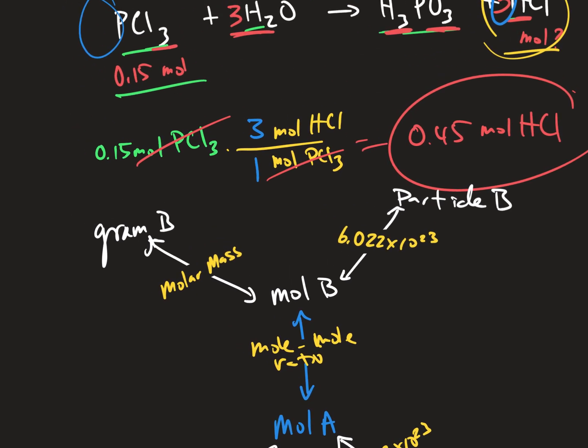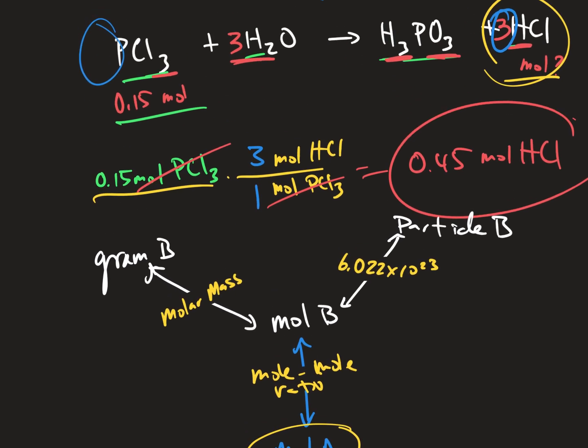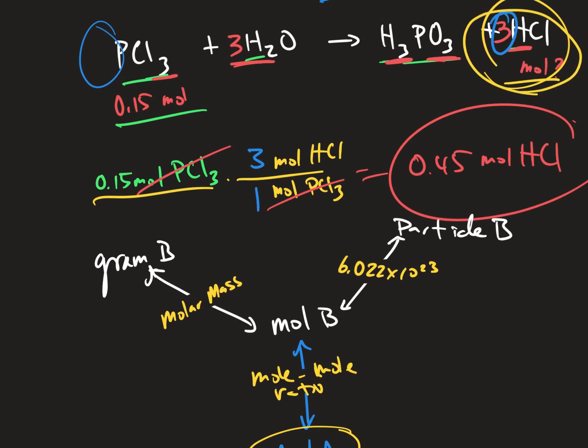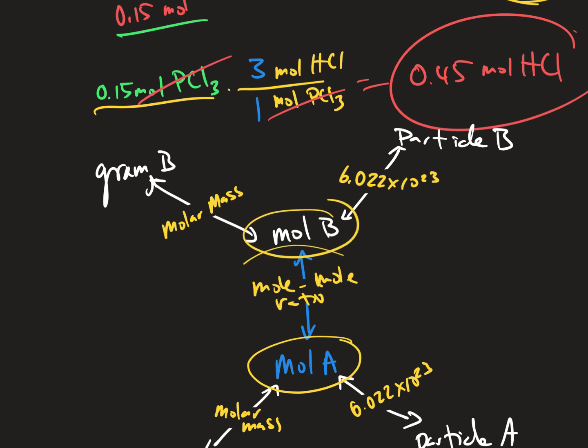So in this case, we're starting at moles of PCl3, and we can either start here or here, doesn't matter. If we want to start at A because A comes before B, great. And we want to go to moles of a different substance, so that's moles of B. How do we do that?